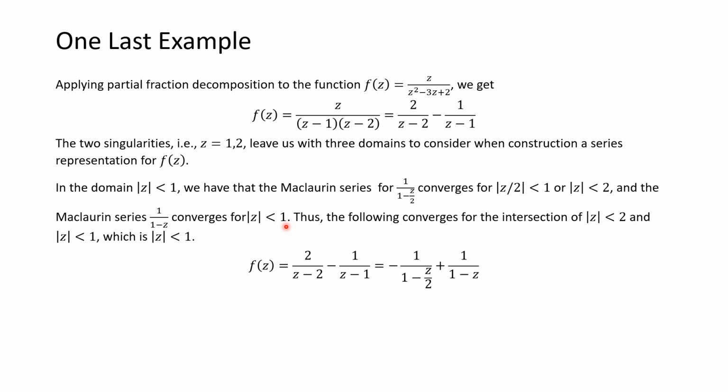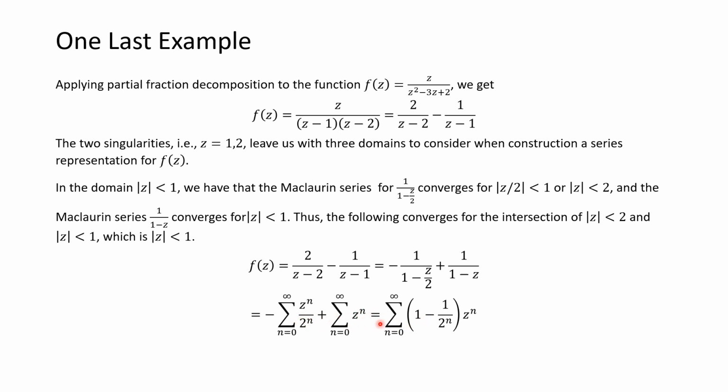We can put that information to use here. We rewrite our partial fraction here. It's minus 1 over 1 minus z over 2. And then we pull in the minus 1 here, and we get 1 over 1 minus z. Then it's just a matter of using the geometric series. We get z over 2 to the n, summed from 0 to infinity, and there's a minus sign outside here. And then this is just the sum from n equals 0 to infinity of z to the n.